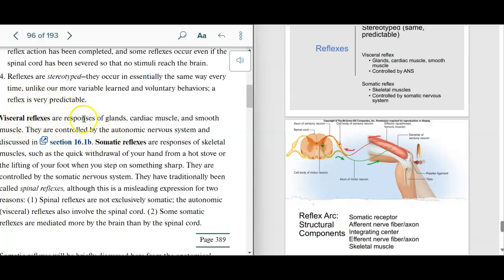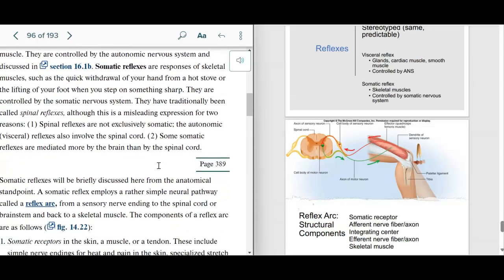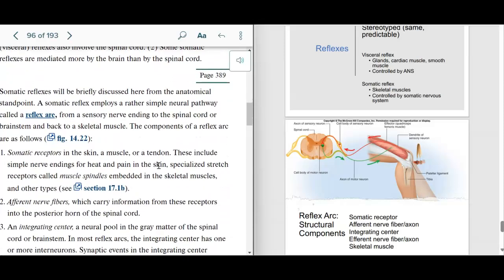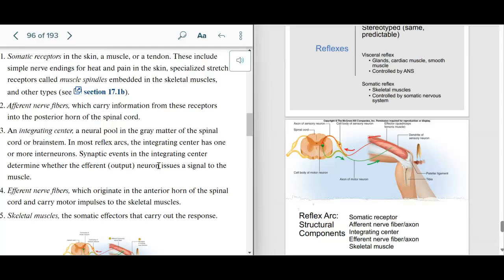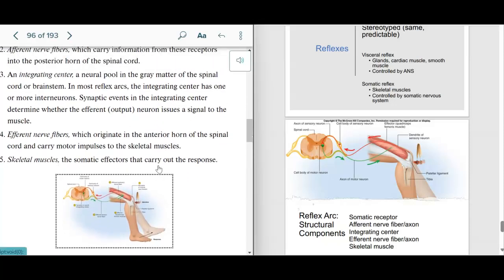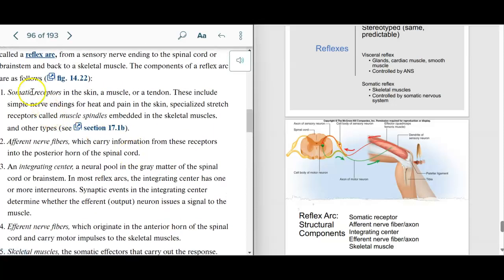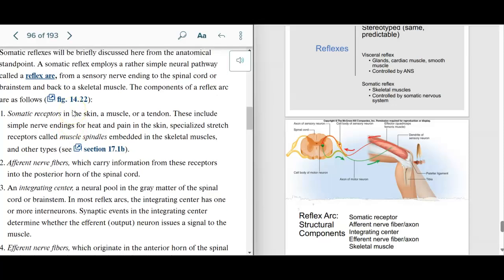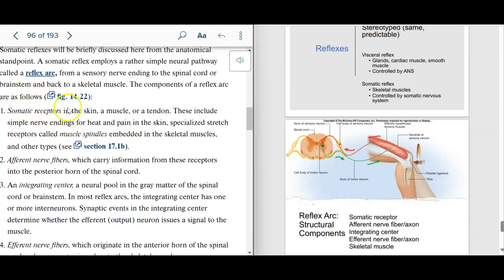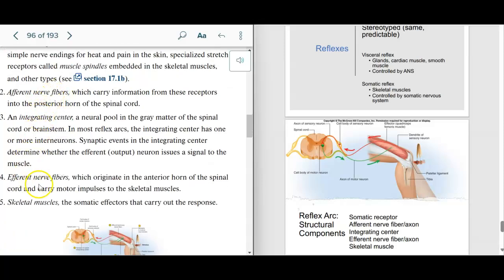We have visceral reflexes, which are part of the autonomic nervous system that we really don't have any control over. And then we have somatic reflexes. There are different types. We have reflexes that are based off of receptors, afferent nerves, an integrating center, an efferent nerve, and then a skeletal muscle.